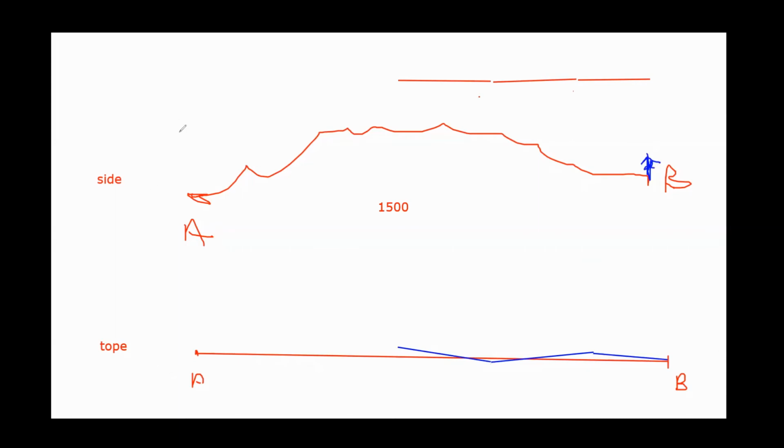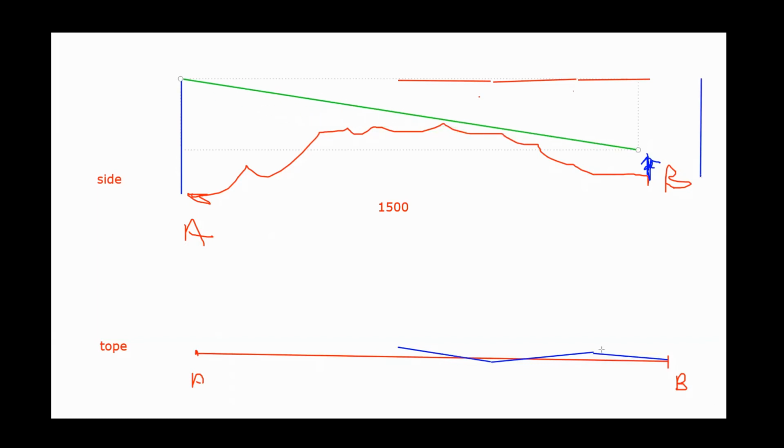So what we do here is we set the range pole high enough. We set a range pole very close to A and another one very close to B, and that helps you align your line. When you're here, you can see the top of the range pole, so you know where A is.